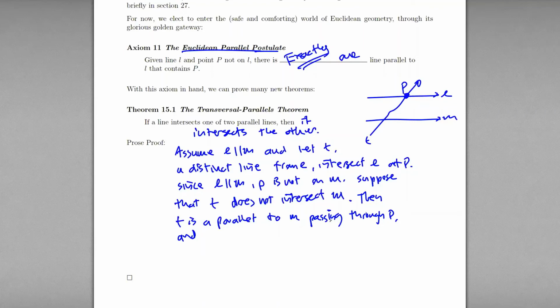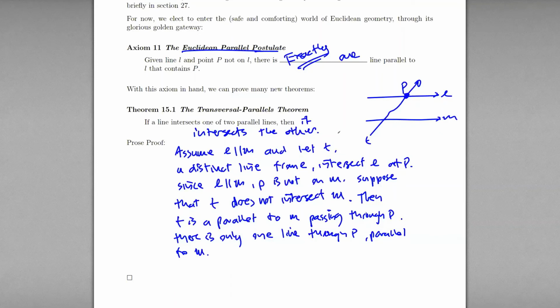So T is a parallel to M passing through P, but there is only one line through P parallel to M. What does that tell us?